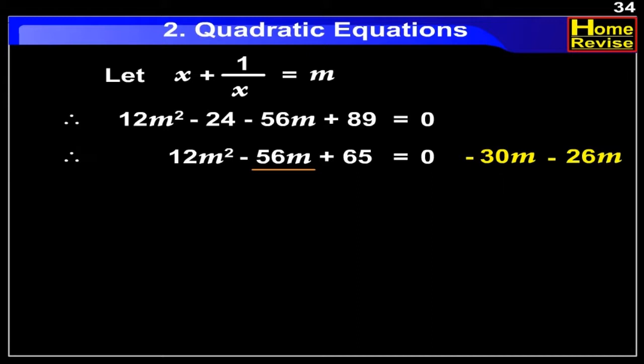Splitting the middle term, we get 12m² minus 30m minus 26m plus 65 is equal to 0.